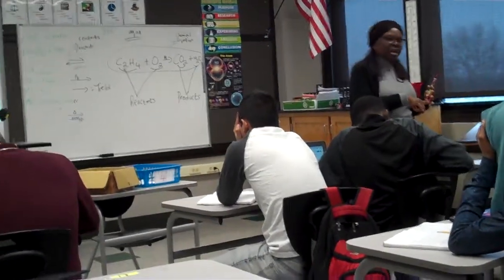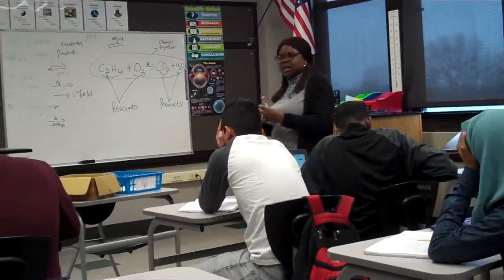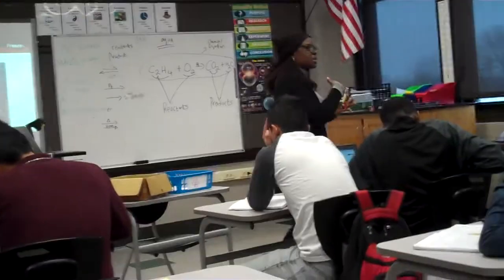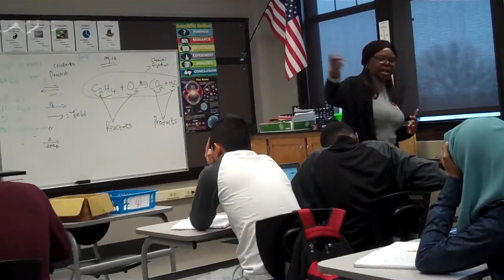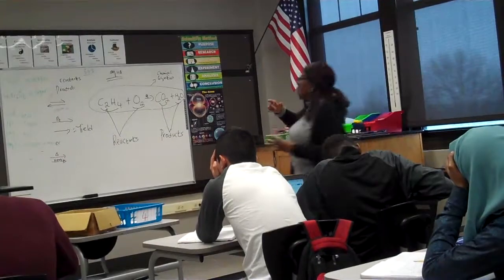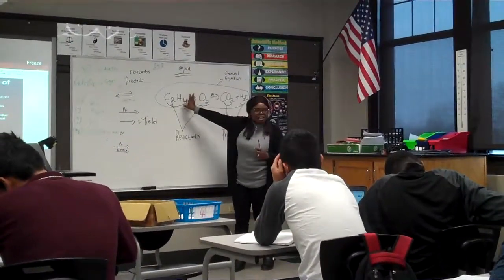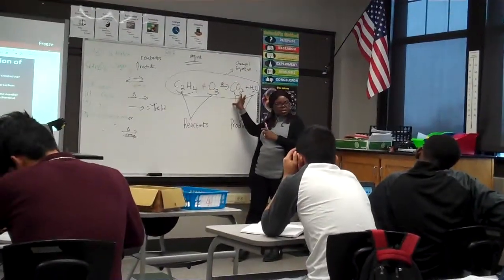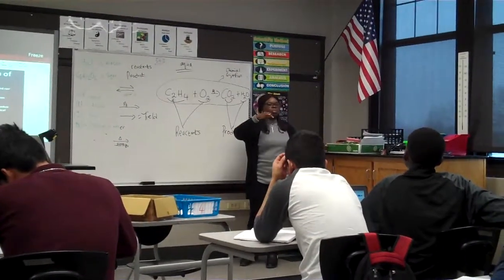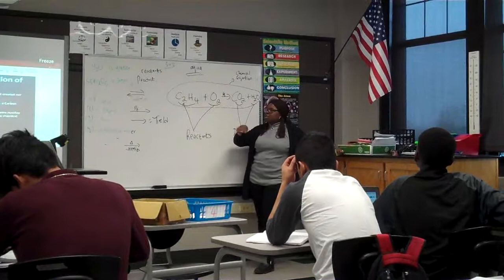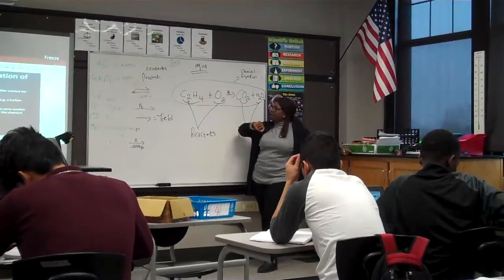But the students will remain the same. Does that make sense? I am not bringing in new students, and I am not taking out any students. So when you have a chemical reaction, you have the same elements on both sides, but the arrangement will be what? Different.